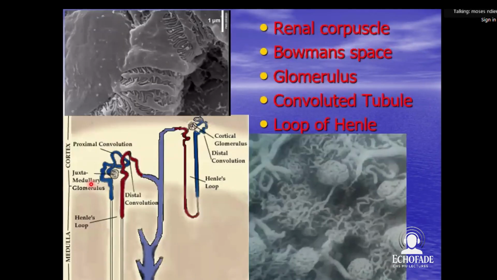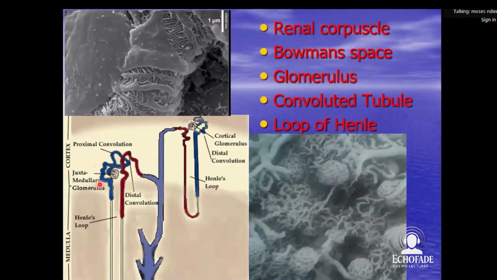After the proximal convoluted tubule, we go to the loop of Henle. Like I've said, the loop of Henle comprises two parts, a thick end and a thin end. And I've said the juxtamedullary nephron has a very long thin end of the loop of Henle that is located entirely in the medulla.